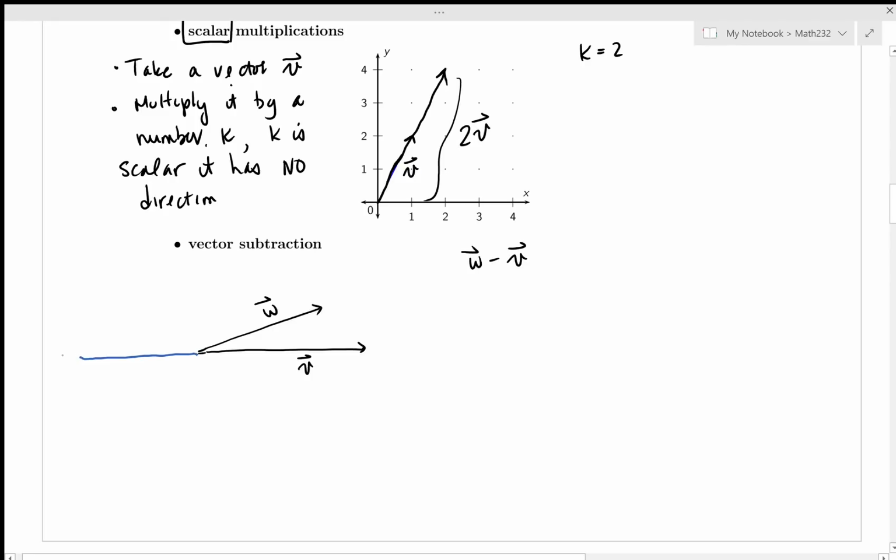So this thing here is the opposite direction of V and the same length. So this is minus V.